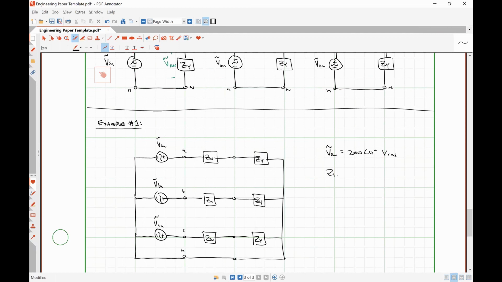The impedance of our transmission line is 0.05 plus J 0.01 ohms. And the impedance of our load is 3 plus J 2 ohms. I want to know what my line currents are and what my line voltages are at the load.